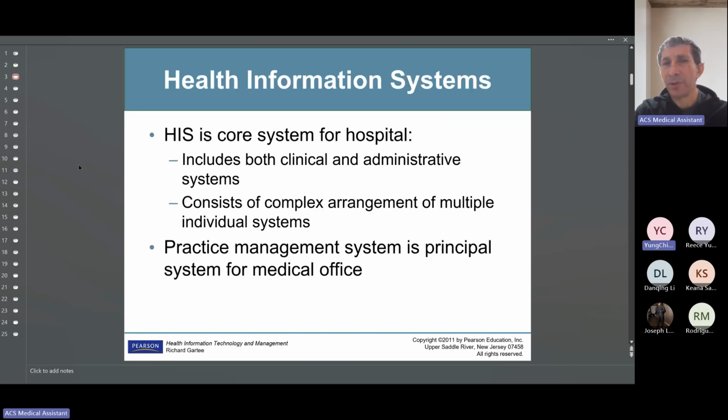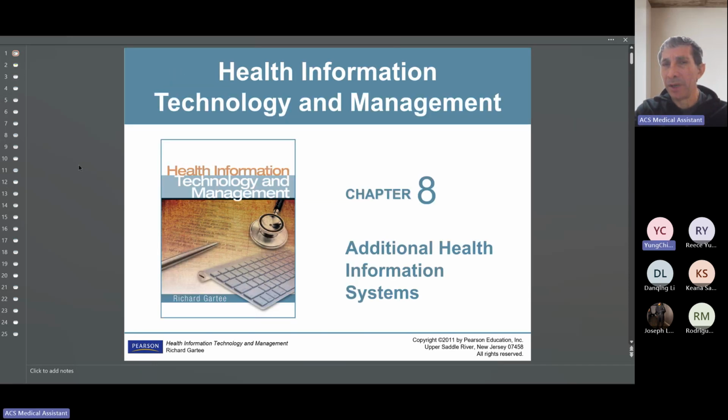This chapter is going to mention some additional health information systems. We mentioned some of them and we're going to encounter them again, along with some little things here and there that we have not mentioned already. Just to recap, we covered what medical records are in general and the different types of medical records.